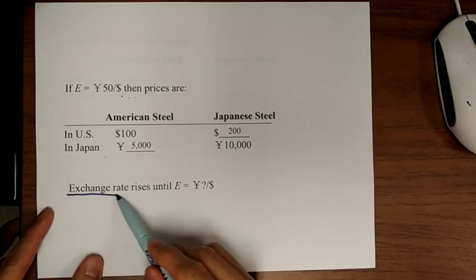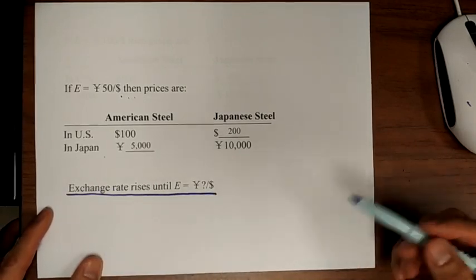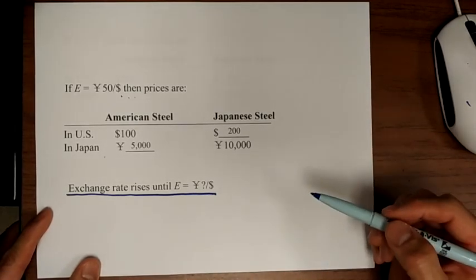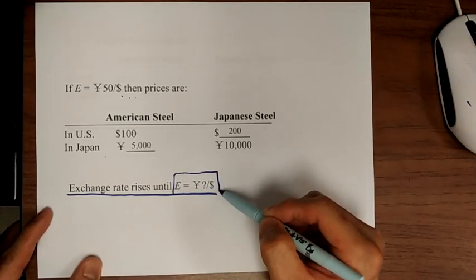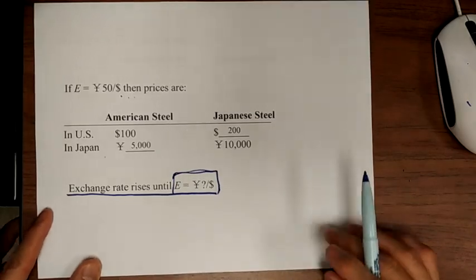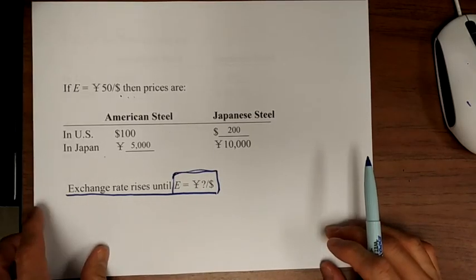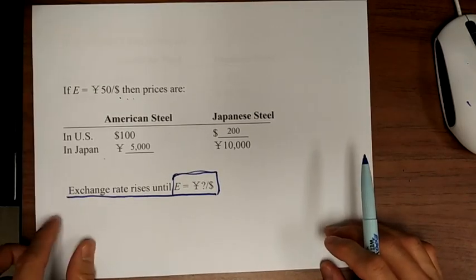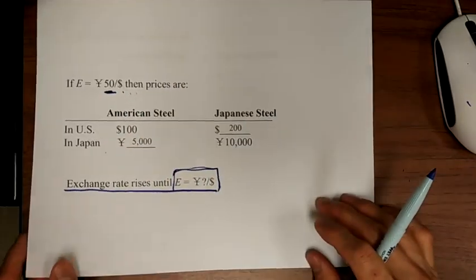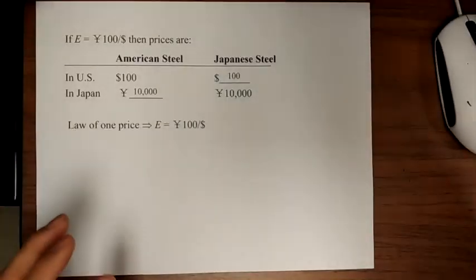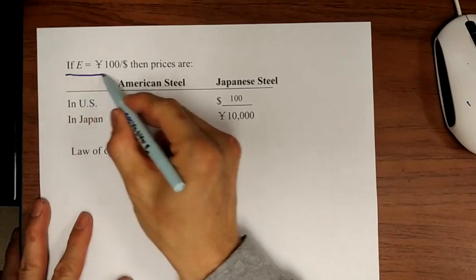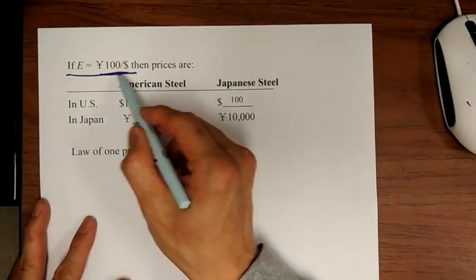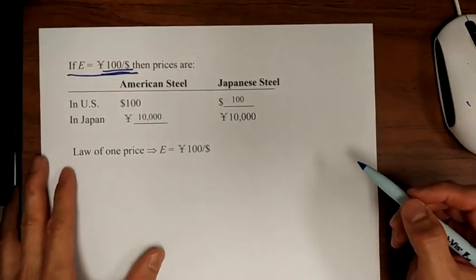So the exchange rate will keep going up until the exchange rate reaches which level? This number will go up from 50 to, say, 100. If it goes up to 100, what happens?